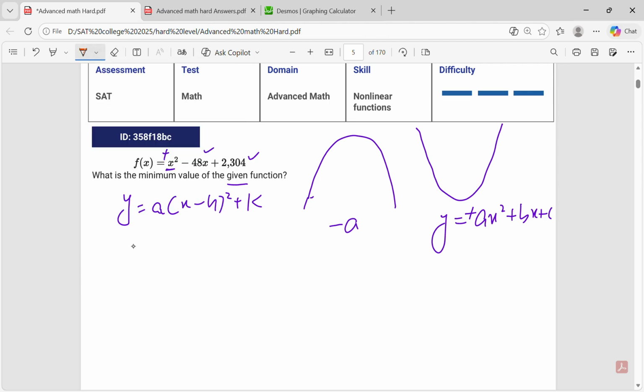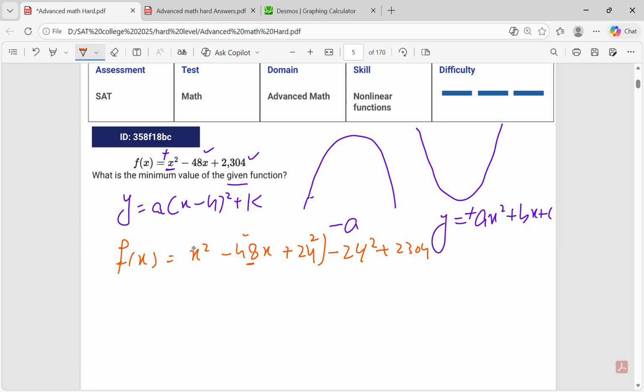This would be f of x is equal to x squared minus 48x plus 2304. So we'll have to complete the square, right? We'll take half of this one. Half of 48 is 24. So write 24 and take the square, and to balance it, you'll have to subtract it as well.